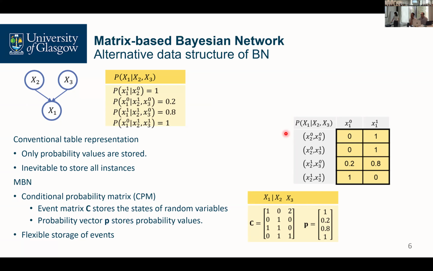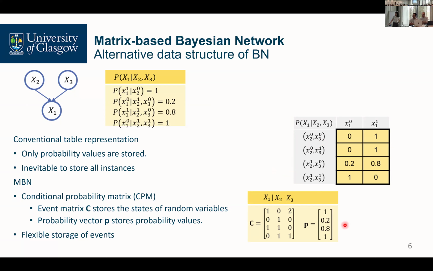So for instance, if we have these three variables and we have this conditional probability of x3 as in this relationship where, if x2 takes the value of 0, then x1 takes a value of 1 with the probability 1, etc. In the conventional approach, usually we store these probability distributions using table-based representation, where we store only the probabilities and the associated states are inferred by the locations of the cells. In other words, it is inevitable to store all these probabilities.